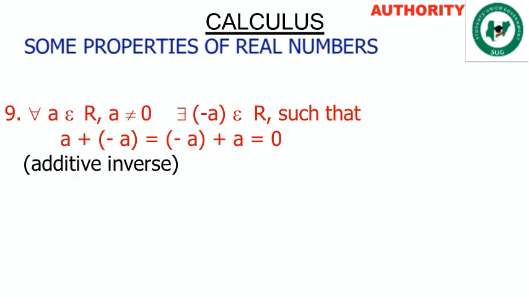Now let's go again. This is trying to tell us that in real numbers there is a directed number that when you add it to its opposite, it will give you 0.